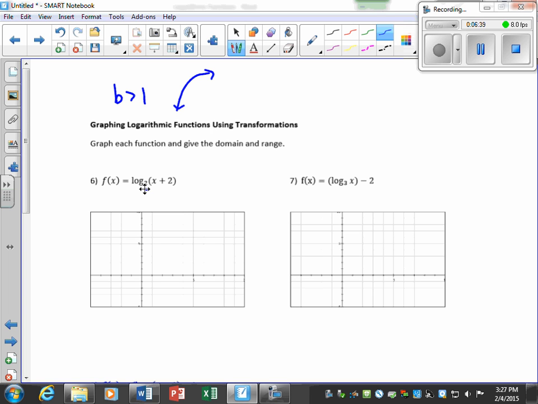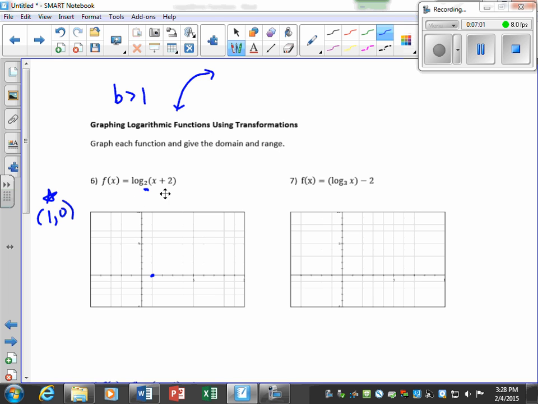And I also know that all of the logarithms go through the ordered pair 1, 0. Okay, so let me start at 1, 0. I know my parent graph usually goes through this point and looks like this.